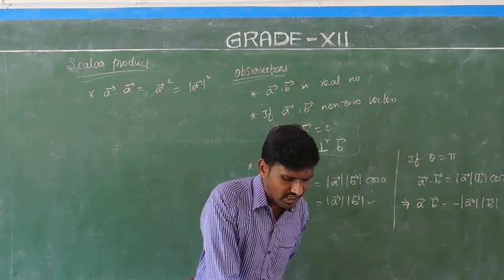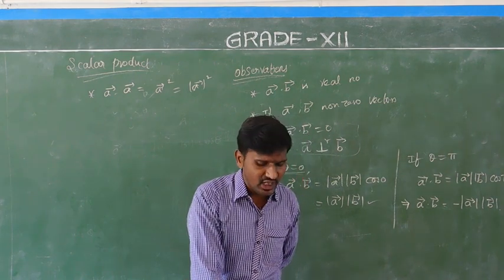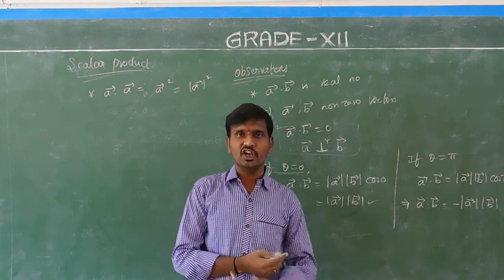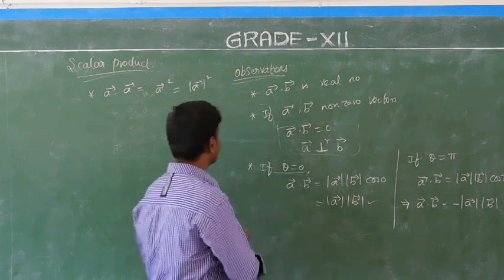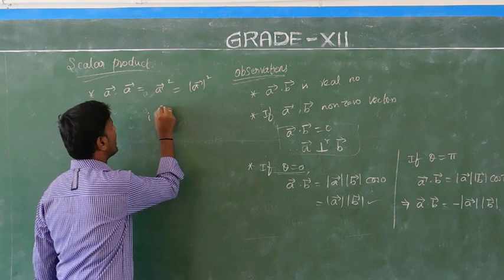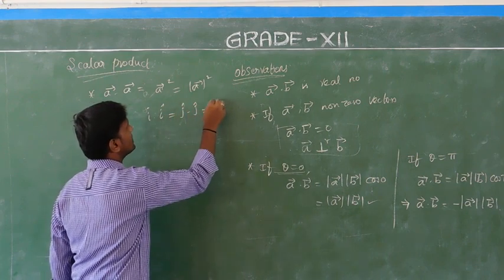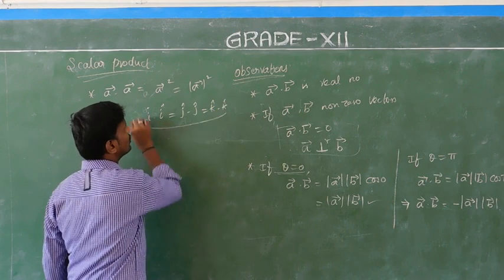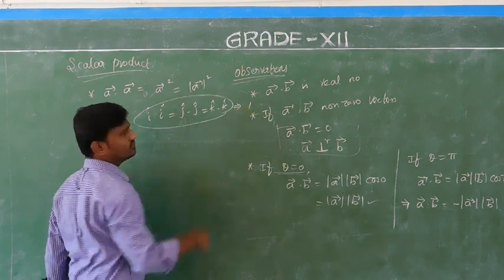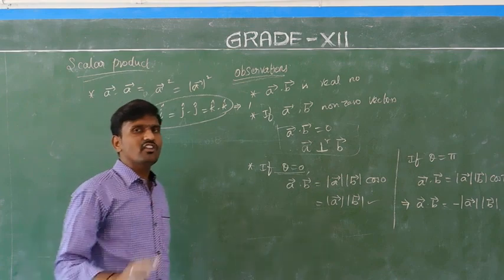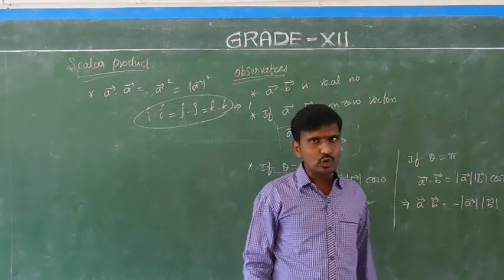Then in observations 2 and 3, you have the unit vectors perpendicular. You have to mention that i vector into i vector is equal to j vector into j vector, which is equal to k vector into k vector. They are equal to 1, which means for like components the value is 1.